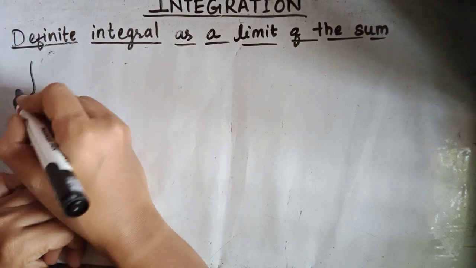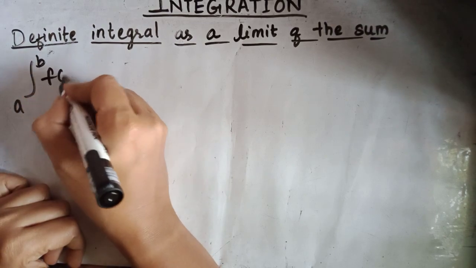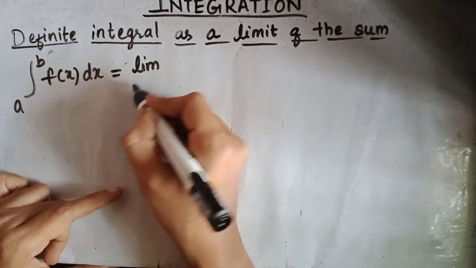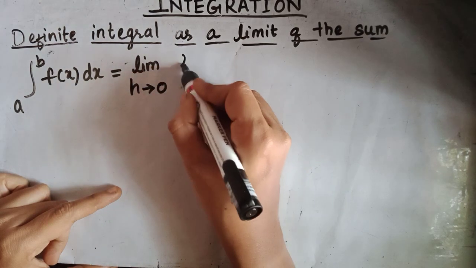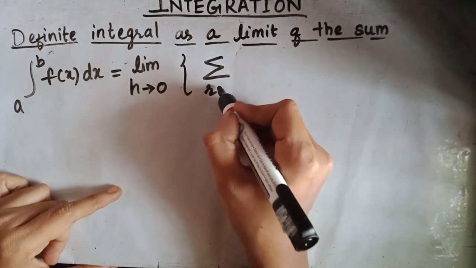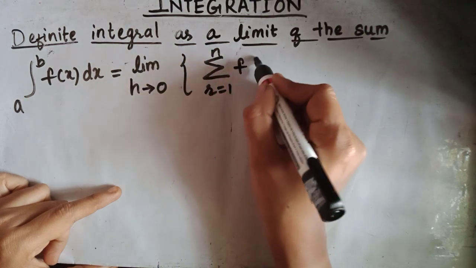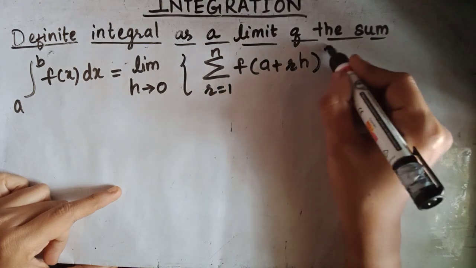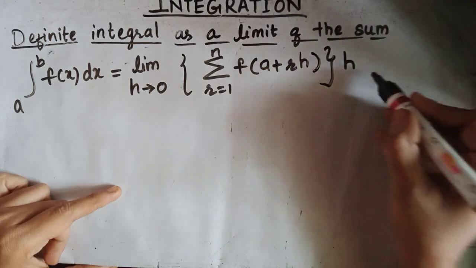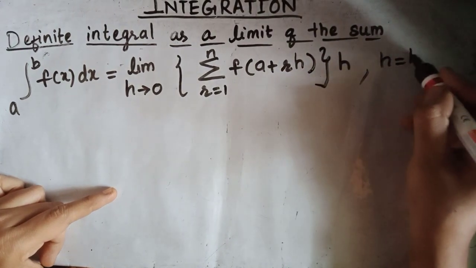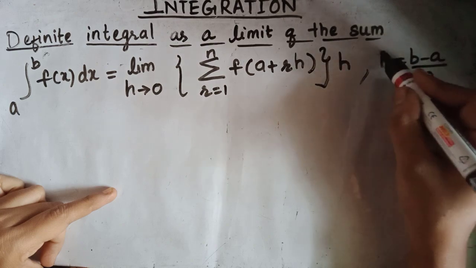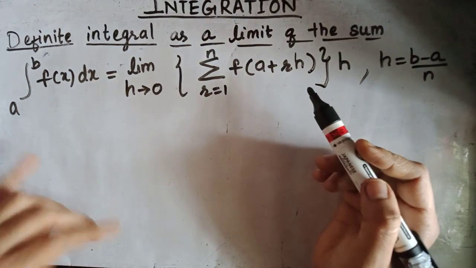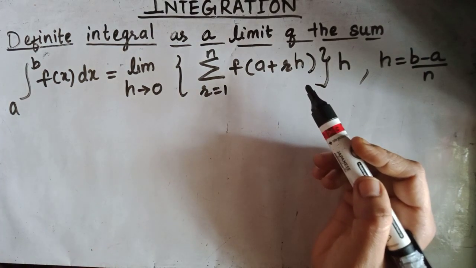So integral a to b f of x dx is equal to limit as h tending to 0 of summation r from 1 to n f of a plus r h into h, where h is b minus a upon n. So b and a are the limits. You have to use this formula to solve definite integrals.